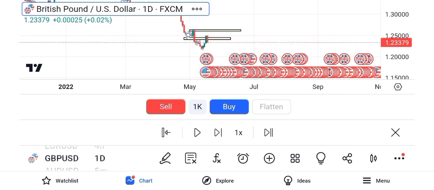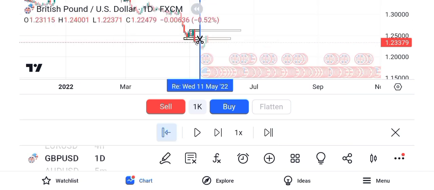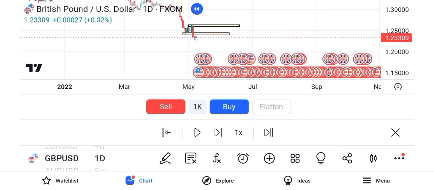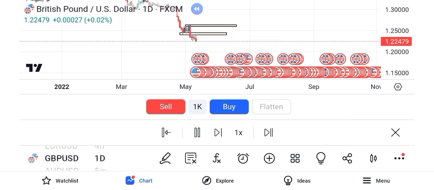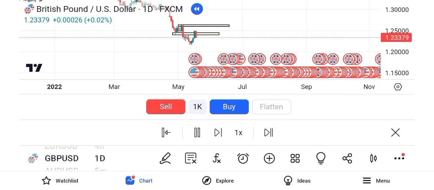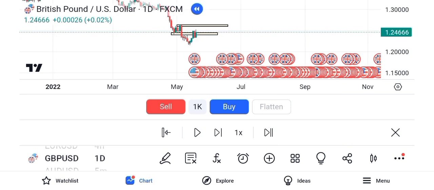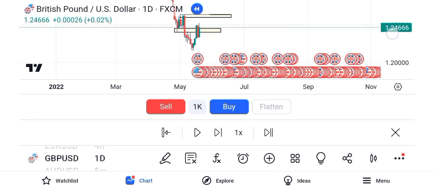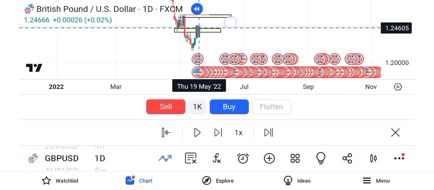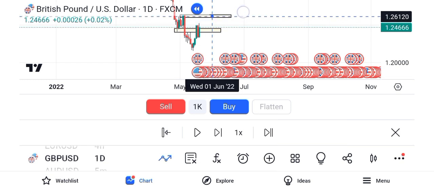So now let me play the chart. Let me replay it again. I replay it for you guys to see how this trade went. Now you notice that in this current example, the market just went in between this key zone here and this key zone here.